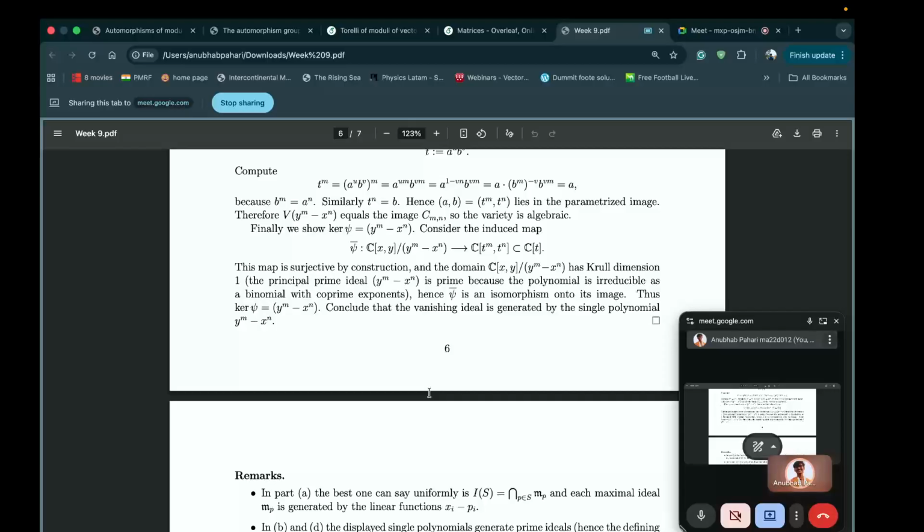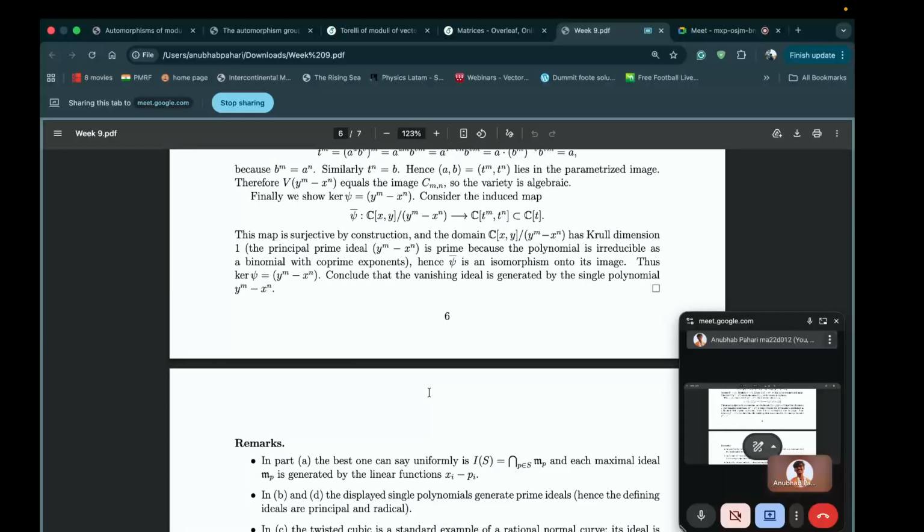Now finally we show the kernel of psi equals the ideal generated by y to the power m minus x to the power n. Now consider the induced map psi bar from C[x,y] modulo the ideal generated by y to the power m minus x to the power n to C[t to the power m, t to the power n], which is contained in C[t], and this map is surjective by construction and the domain has Krull dimension 1, and hence psi bar is an isomorphism onto its image.